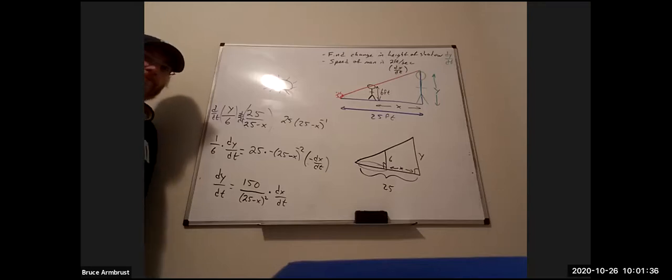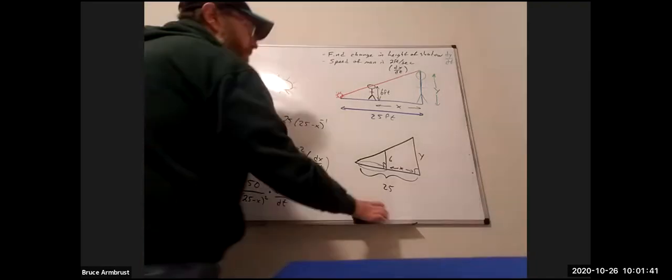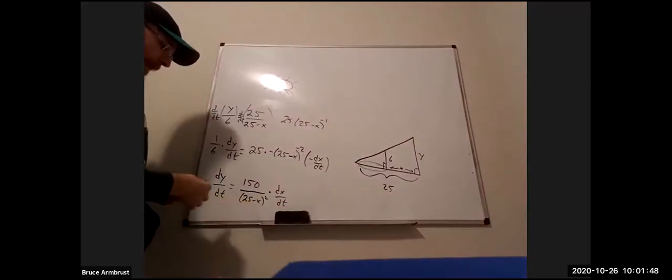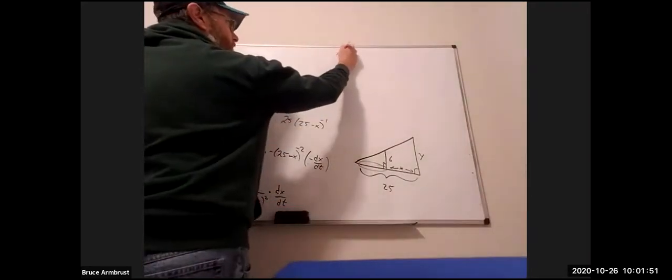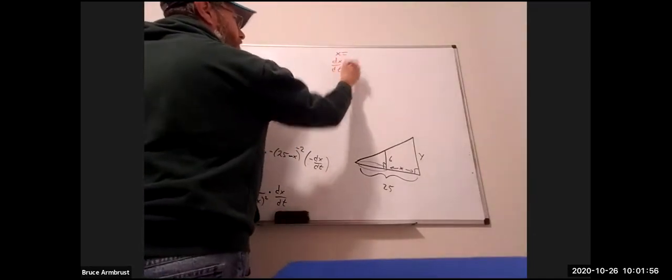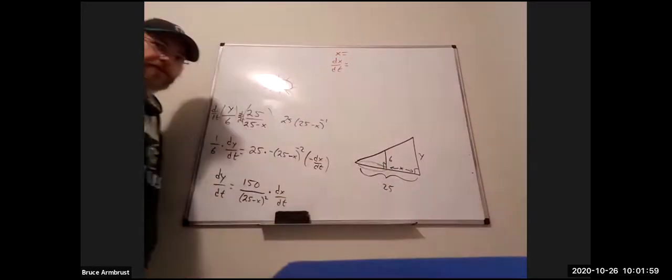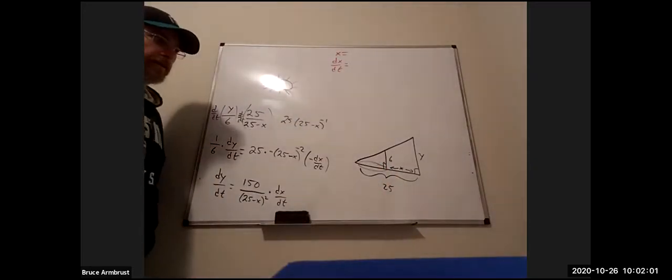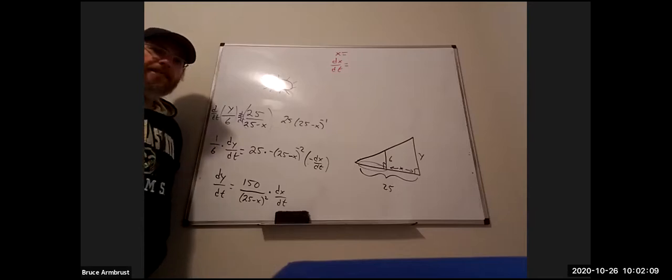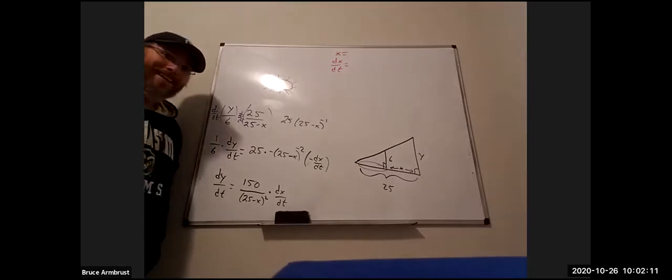Okay, so now we're ready to start plugging things in. So let's make a list of the things we need. We need to know x, and we also need to know dx/dt. So I left our picture just so that we could see what the things are. So dx/dt, that is the speed of the man.